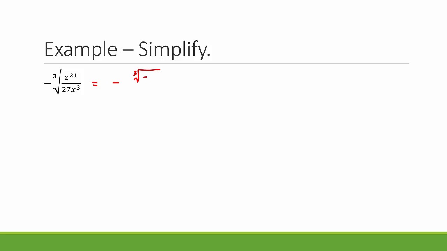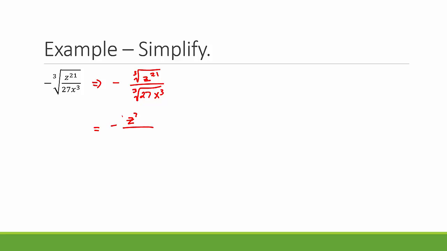Let's separate the radical, z to the 21st over the cube root of 27x to the 3rd. So as far as my variable, I would just divide the exponents. 21 divided by 3 divides evenly, so that's z to the 7th.